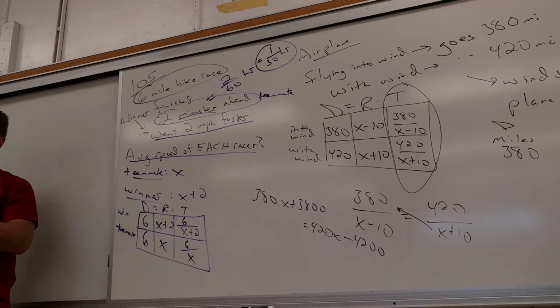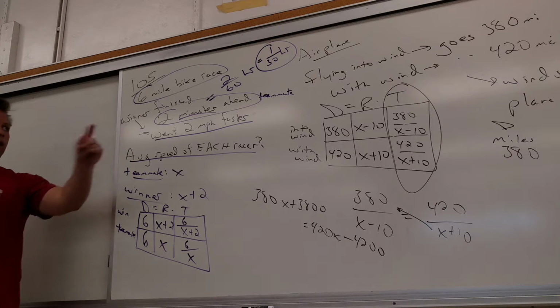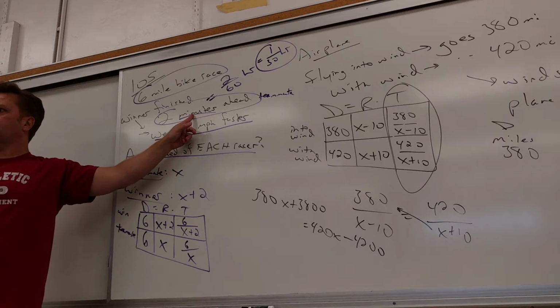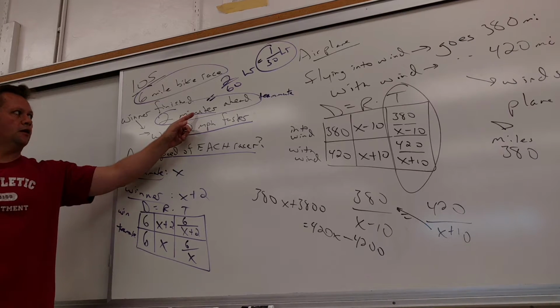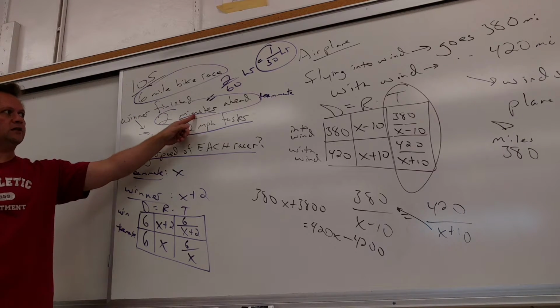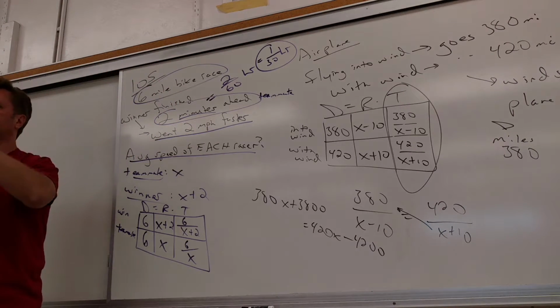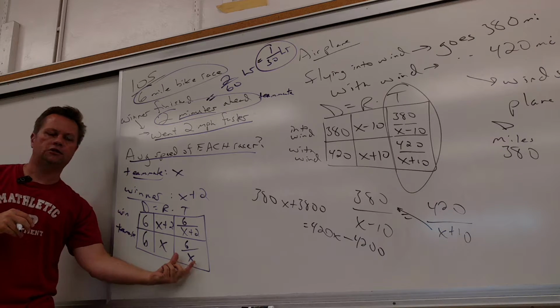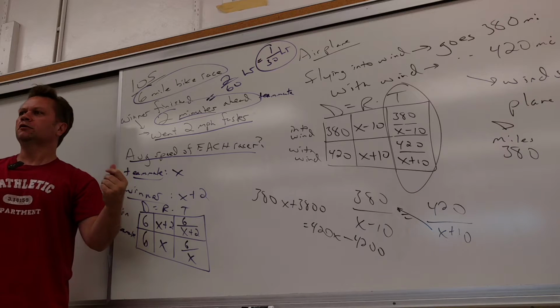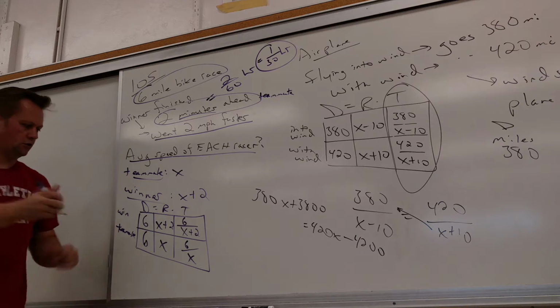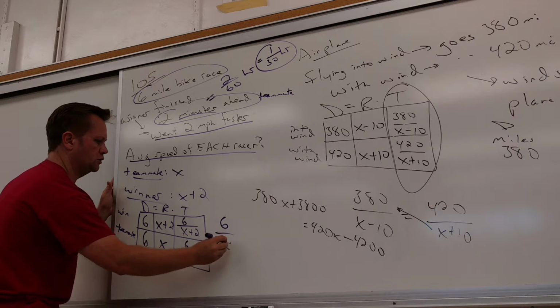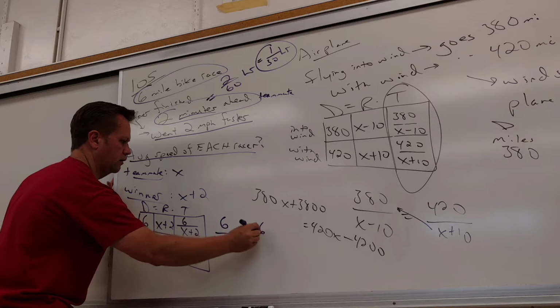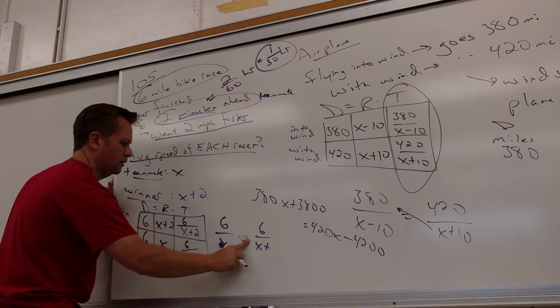Let me ask you this. You can look at it either way, as you brought up a minute ago. The winner was 2 minutes faster than the teammate. So however long it took the teammate, it took the winner 2 minutes less. Let me give myself some room.